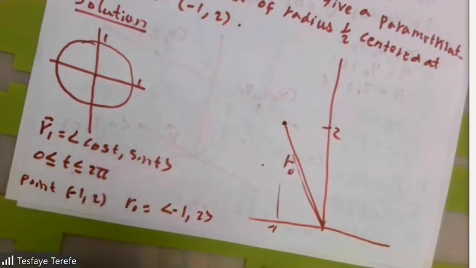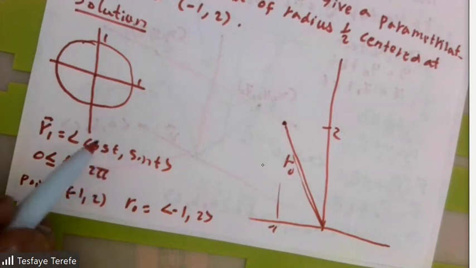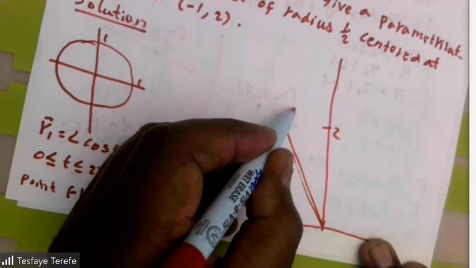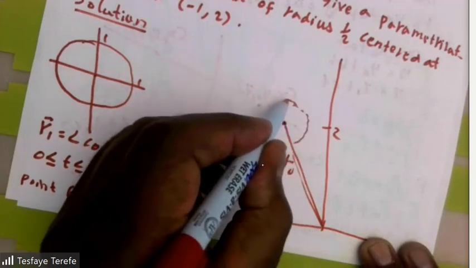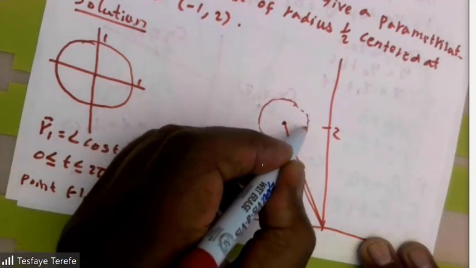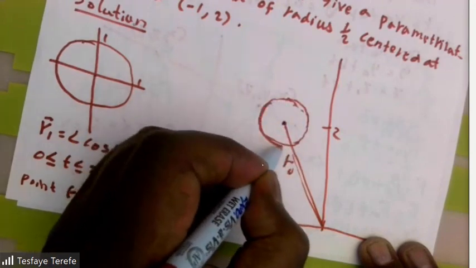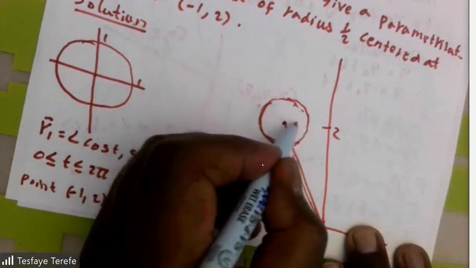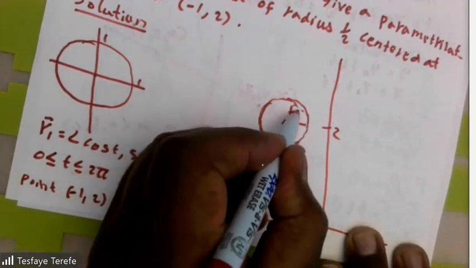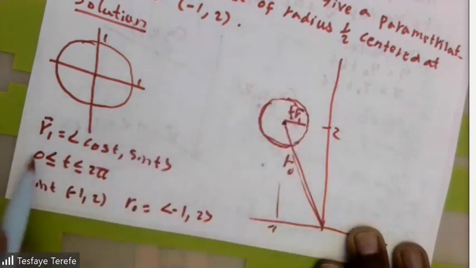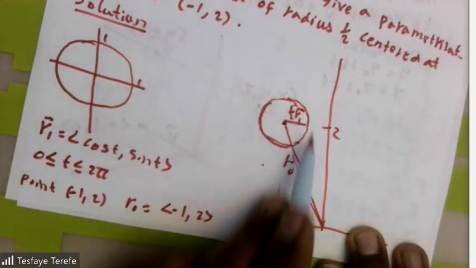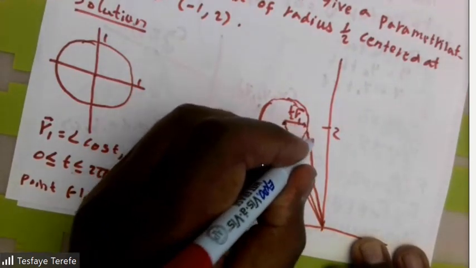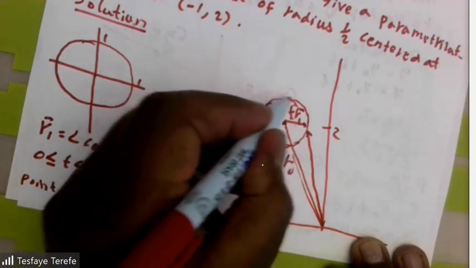And now I'm going to really move this circle and bring it from this center over here. And this circle is going to be really 1/2 of R1. The radius 1 becomes 1/2. And now I want to get this vector R, because this vector R is when the circle is rotating like this.